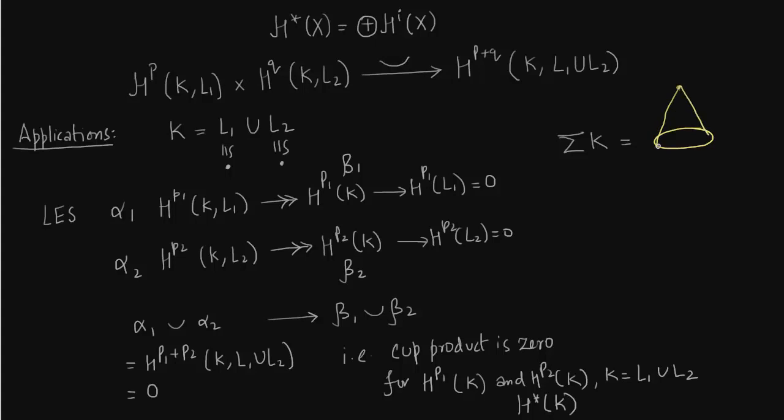Now the suspension of K consists of two contractible parts, the top cone and the bottom cone. So take the top cone as L1, the bottom cone as L2, and obviously the center part is K. So for the suspension of any space K, if you take its associated graded ring, the cup product will always be 0. So it has trivial cup product.